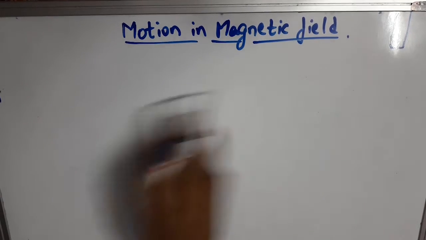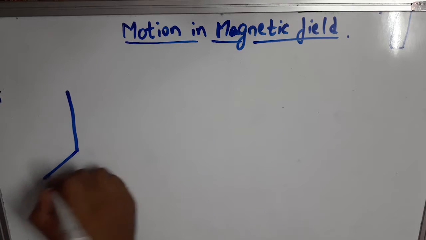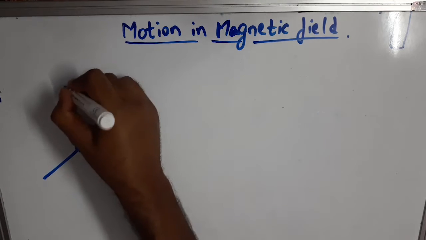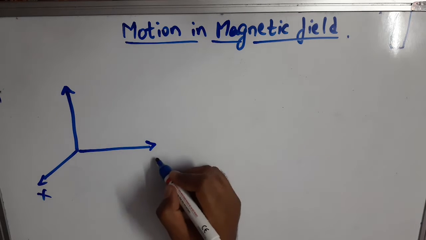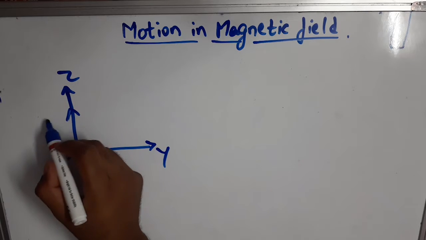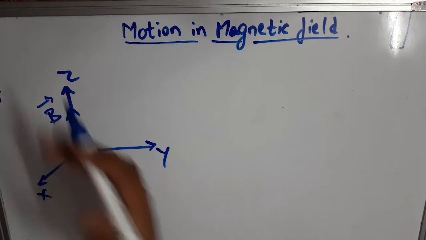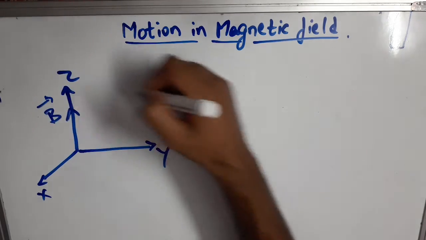Okay, so clearing this up, let us get into the motion of a charged particle, or a charge, in a magnetic field. Now let me draw my coordinate axes. I'm going to name them x, y and z. Now I'll say I have my magnetic field B along the z-axis, so the magnetic field is in my yz plane.